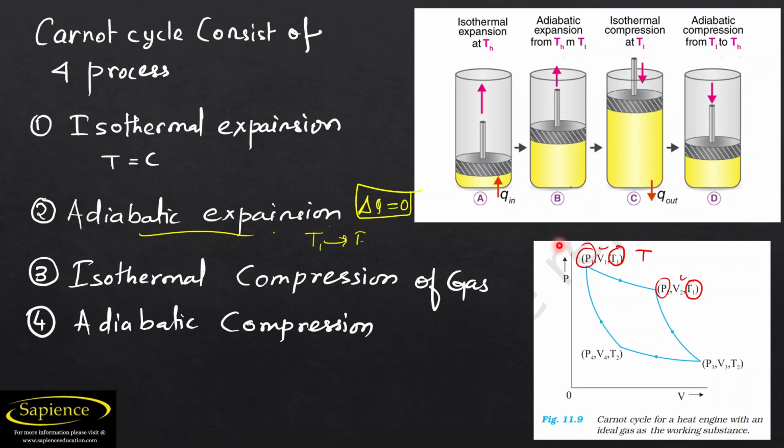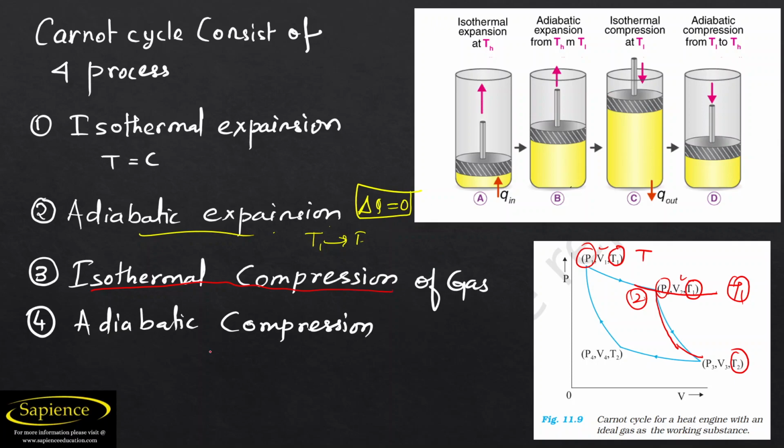But one thing you need to understand, again I am telling you, here temperature is changing. In process 1 to 2, the temperature was T1, but from point 2 to 3 the temperature becomes T2. After that, there is an isothermal compression process.